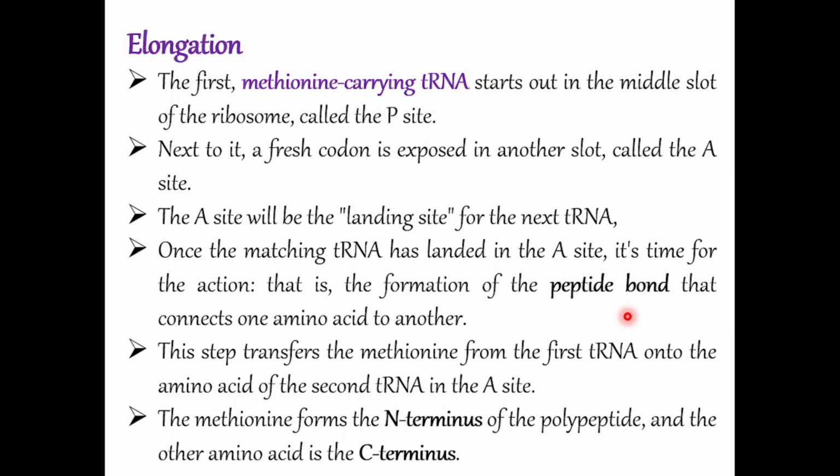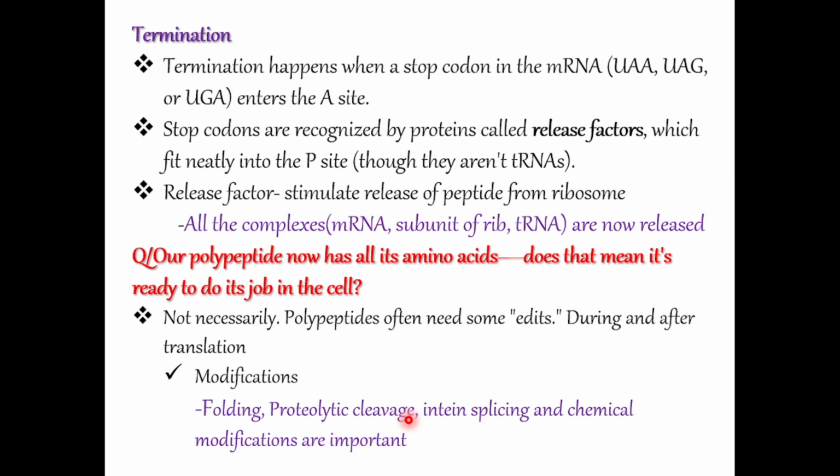That is the formation of a peptide bond that connects one amino acid to another. Amino acids have two termini, the amino terminus (N terminus) and the carboxyl terminus. So one amino acid attaches to another at the N terminal.